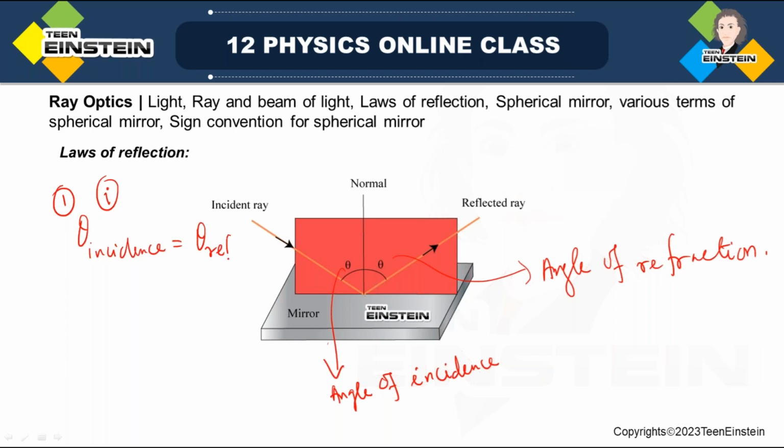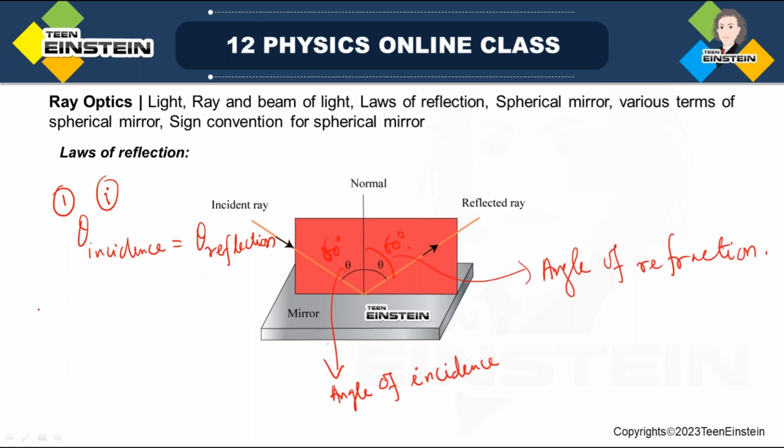Angle of incidence and angle of reflection are always equal to each other. If the angle of incidence is 30 degrees or 60 degrees, then the angle of reflection also will be 30 degrees or 60 degrees respectively.